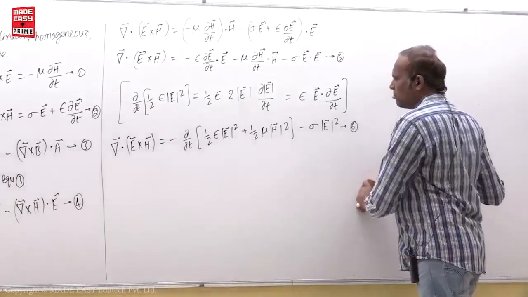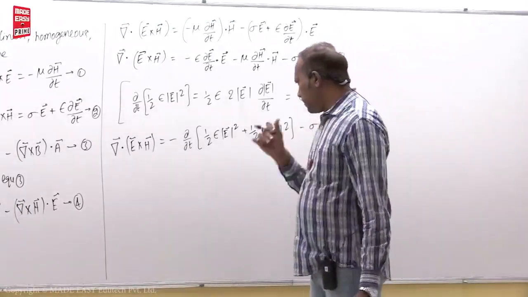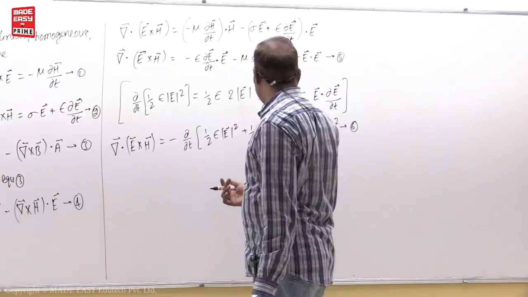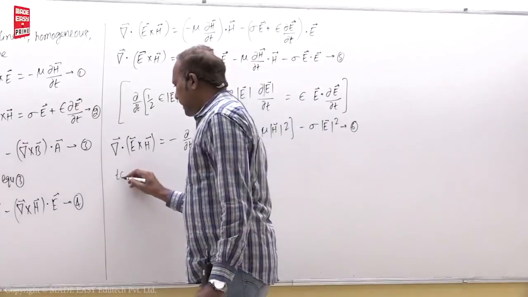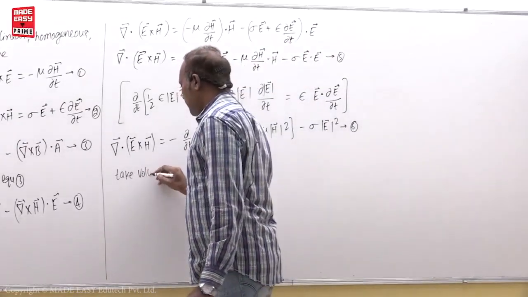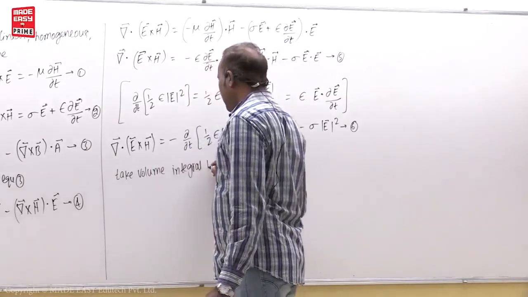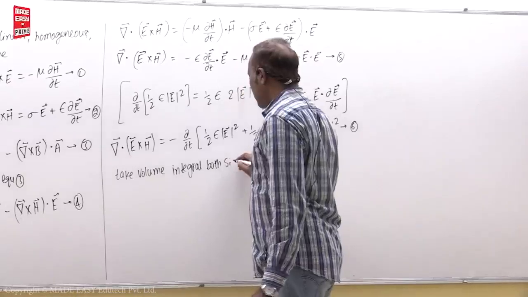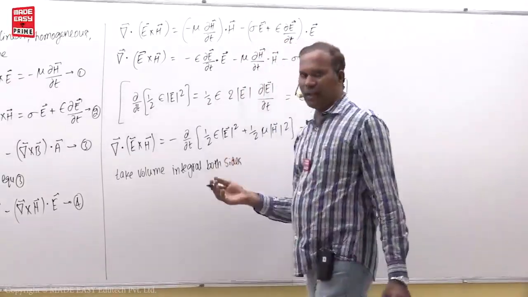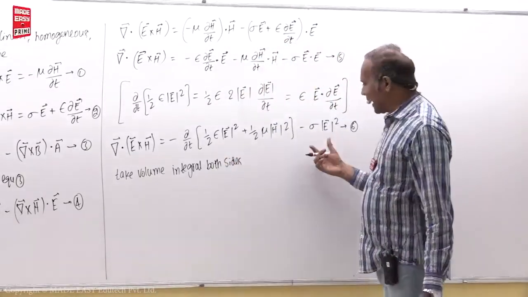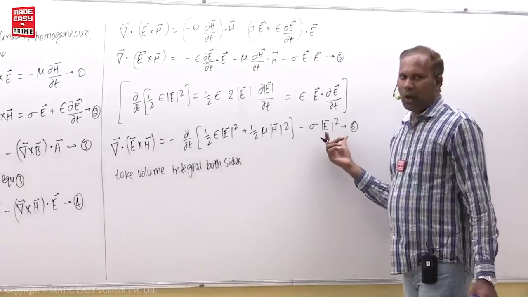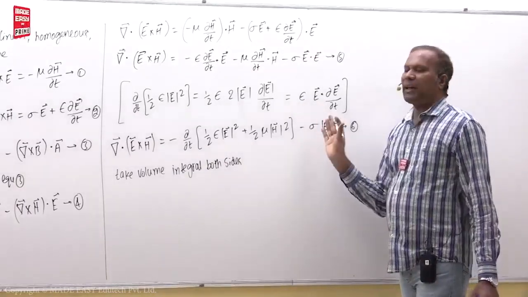Okay. Now let us take the volume integral on both sides. You know why I am taking the volume integral? I was telling you that you are getting watt per meter cube. If you take the volume integral, then you get power relations.